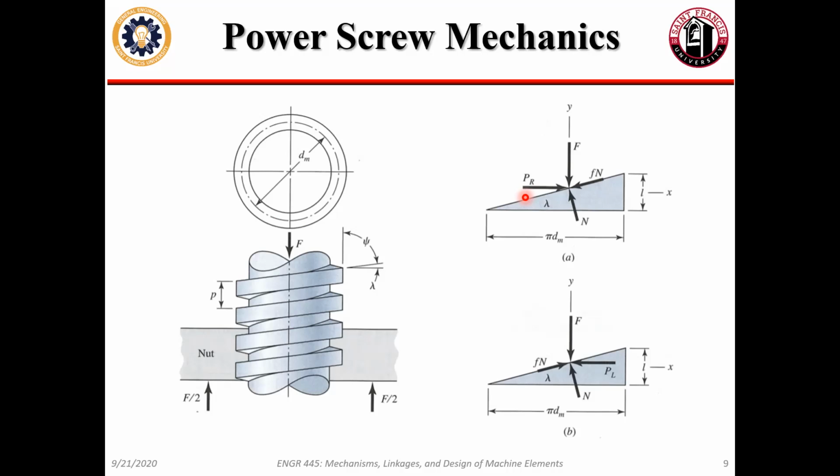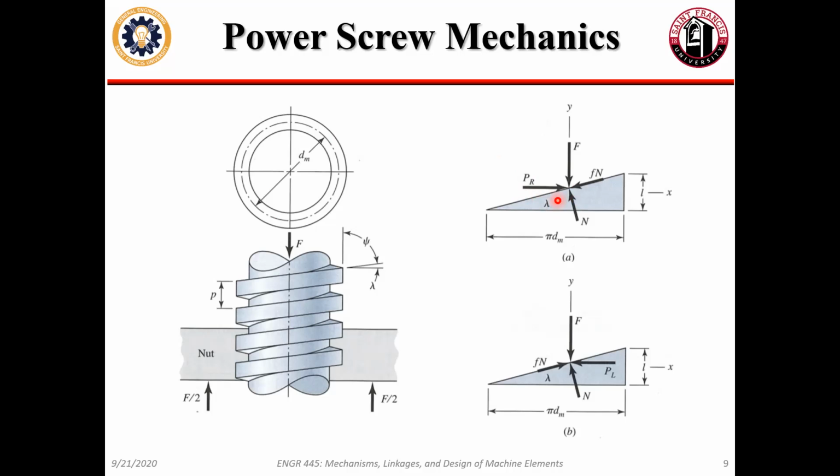And as a result, I'm applying some torque. That torque is acting at some mean radius or mean diameter, dm. That's our pitch diameter from before, or the diameter at which we consider loads to be transferred for a screw. So whatever torque I'm using to turn it, and torque is force times radius, I can get the force that I'm applying in order to move that load upwards.